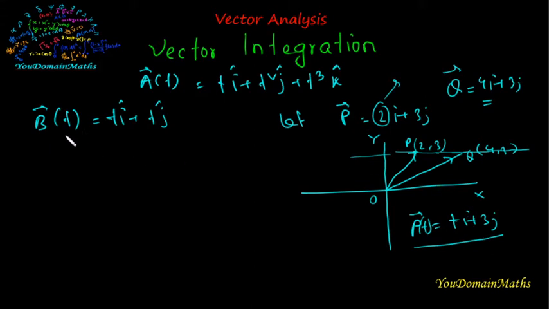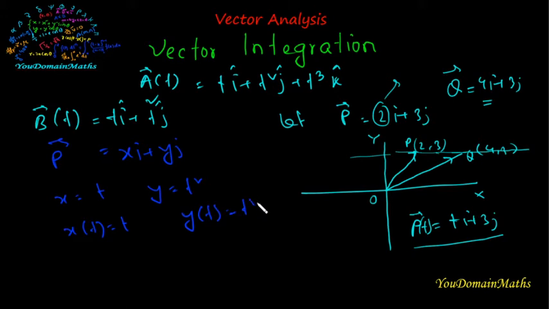Similarly, if b vector equals t i plus t square j, then comparing with a simple vector x i plus y j, we get x equal to t and y equal to t square. That means x of t equals t and y of t equals t square.